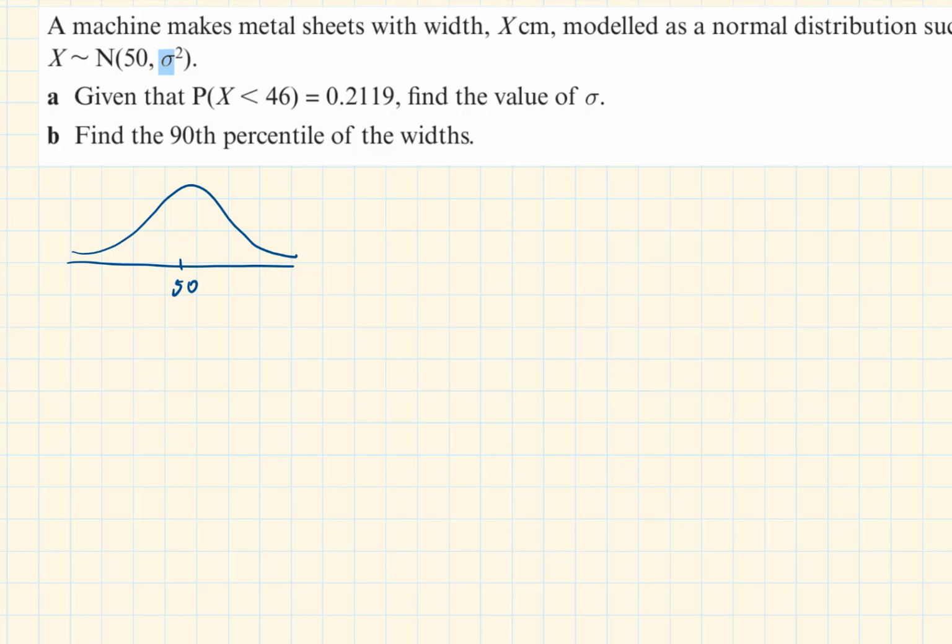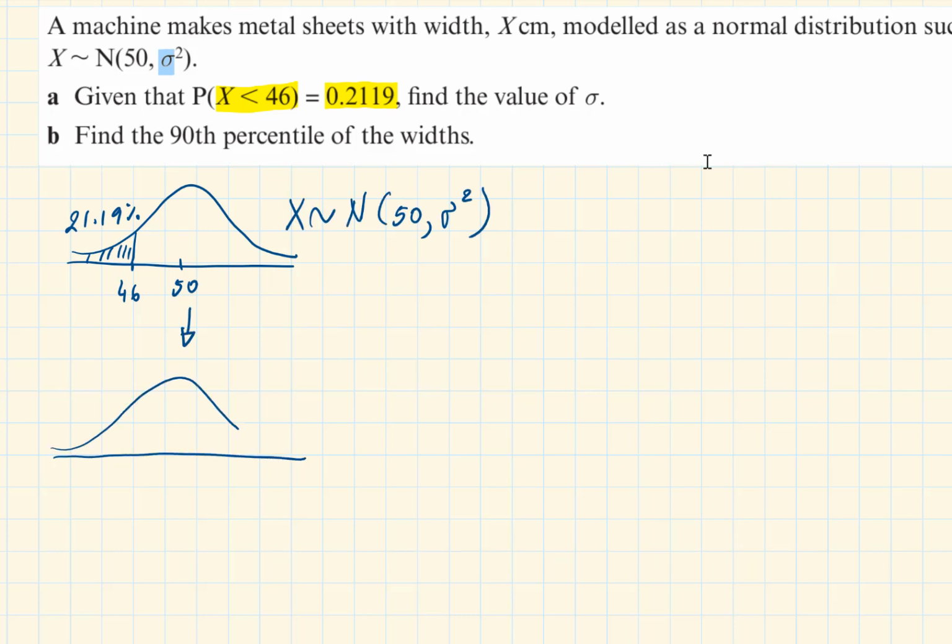The probability of x being less than 46 is 21.19%. 46 is below the mean, so we are looking at this side of the graph. We can now code the data into a standardized normal distribution with mean 0 and some unknown z. And we want to find out the z value when the area under the graph on the left hand side is 21.19%.